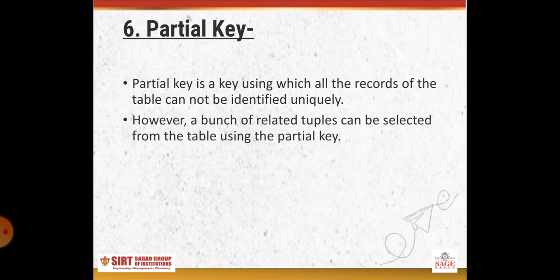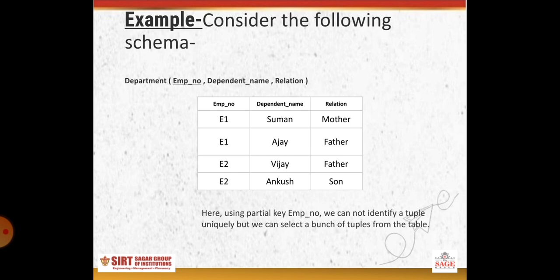Then comes partial key. Partial key is a key using which all the records of a table cannot be identified uniquely. However, a bunch of tuples can be selected from the table using the partial key. Consider the following schema: department. Department is the schema of a table, the relation.